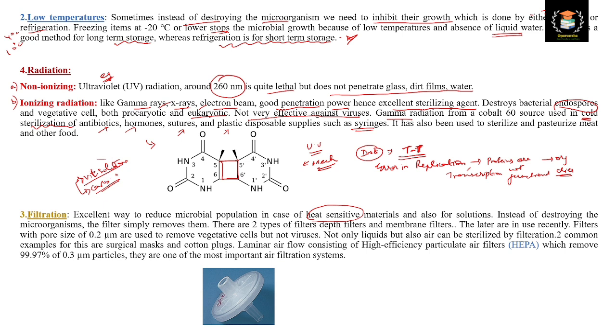So in such cases, when the materials are heat sensitive, you use filtration, and it's generally used when your material is in solution form. Instead of destroying the microorganisms, the filter simply removes them. So here is the filter.